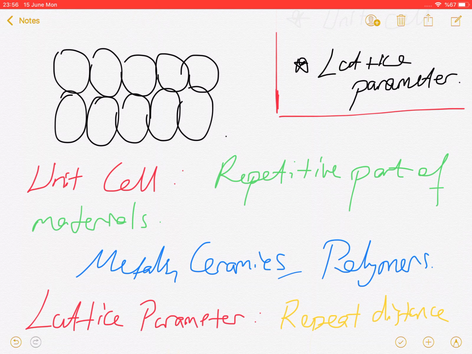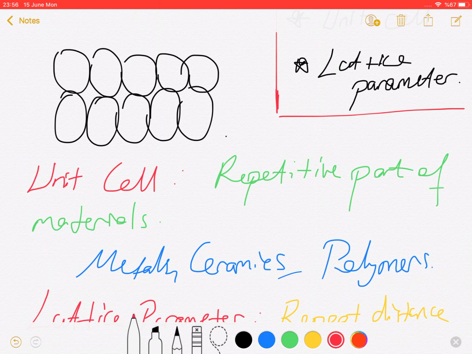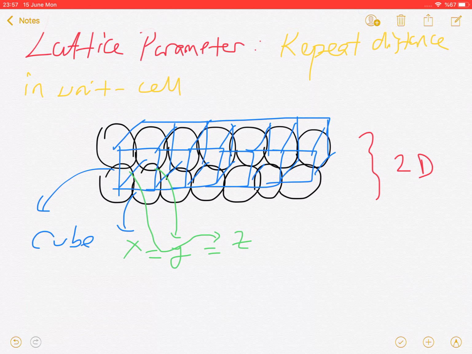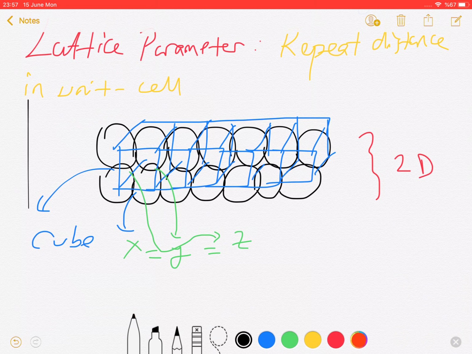So atoms are in this arrangement in the material. Remember, imagine that in 3D. And we find the repetition, we find the harmony. That's the harmony, that's actually what I see.